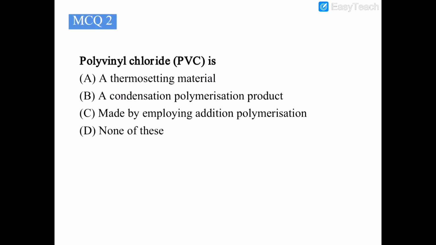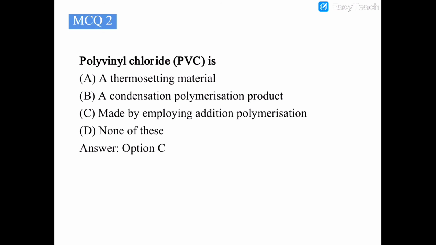The next question: polyvinyl chloride, PVC, is a thermosetting material, a condensation polymerization product, made by employing addition polymerization, or none of these. The answer is option C, made by employing addition polymerization.